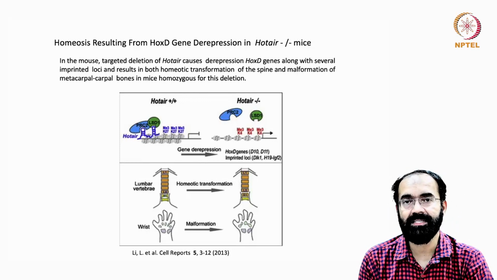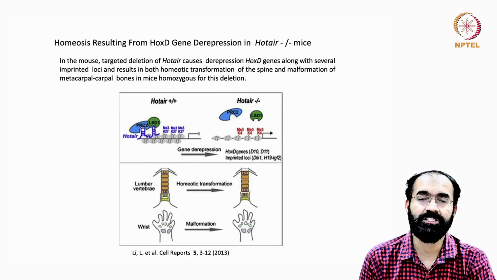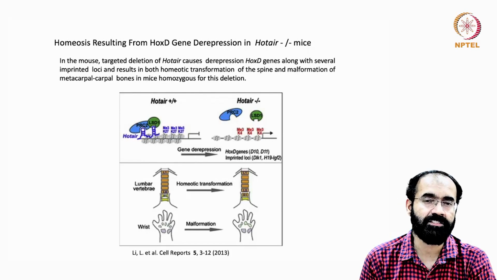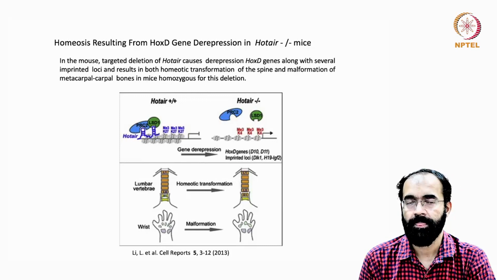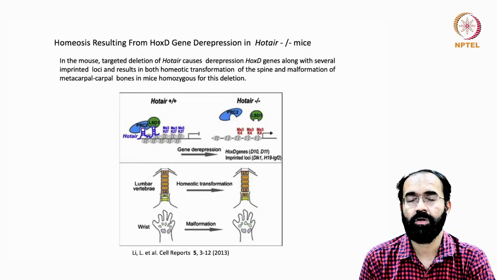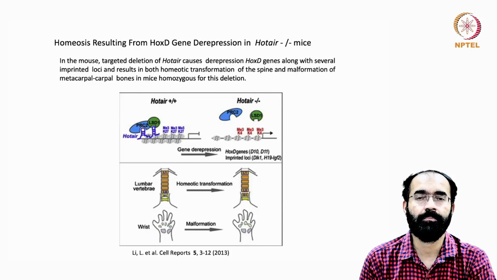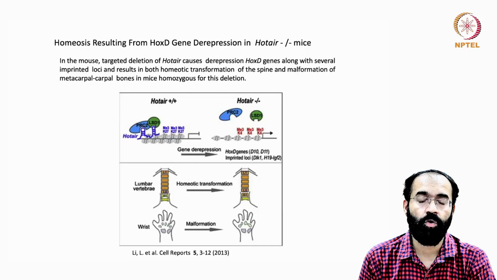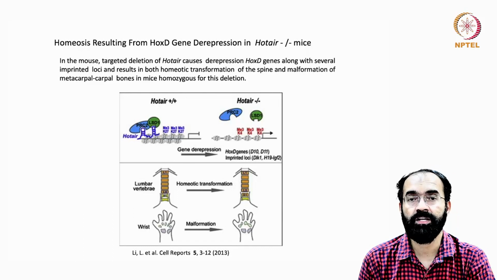So if you create a targeted deletion, you are not deleting from the entire animal; that is called conditional deletion. There are different tools you can use for doing this. I will not go into the detail, but for the time being you understand that this mechanism is called conditional deletion. Or, in a much more sophisticated manner, I want to get rid of a gene only in your fingertip, not in your liver or kidney or heart. I want to get rid of this gene only in your fingertips.